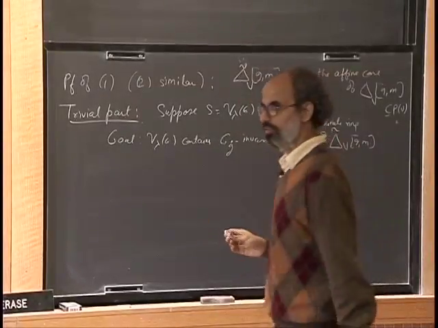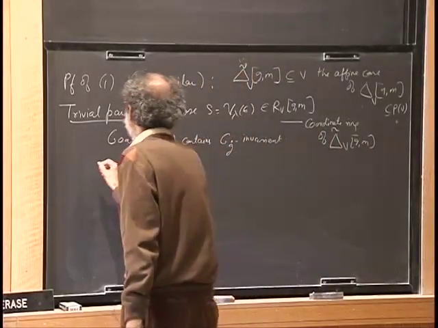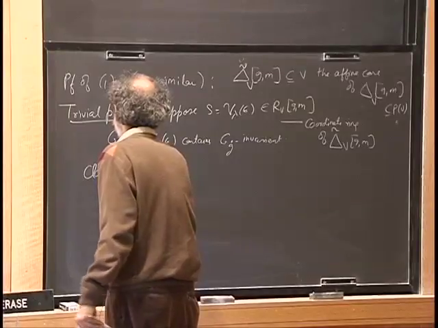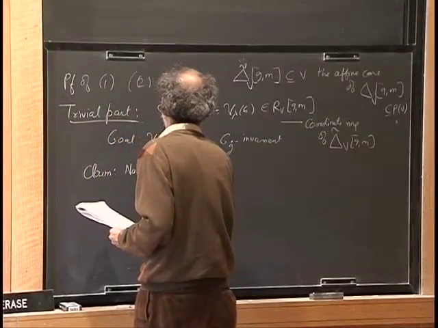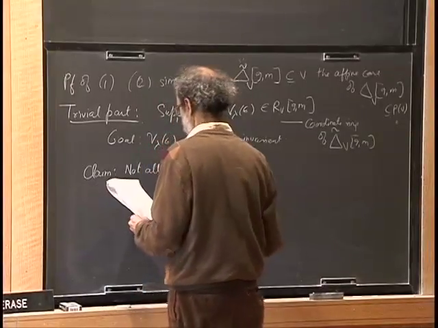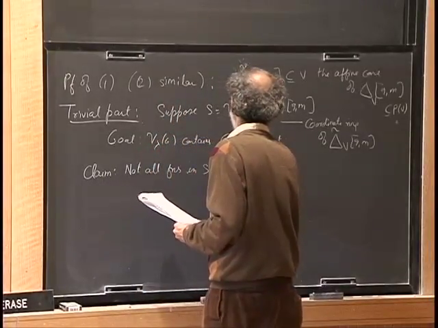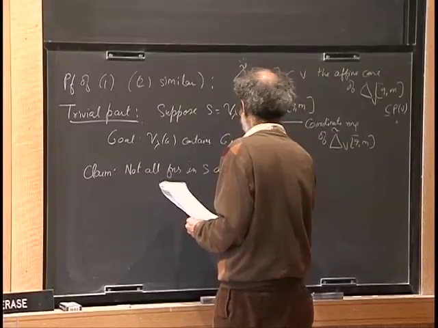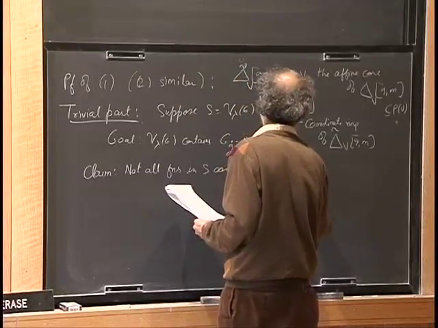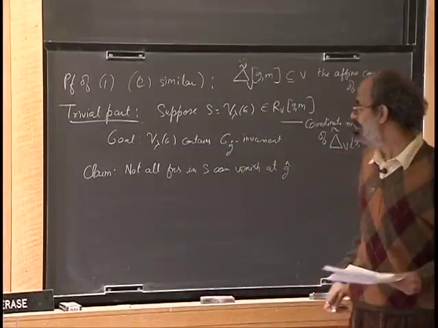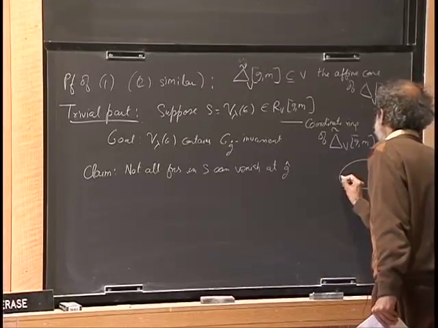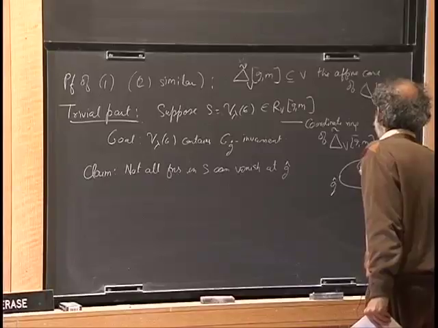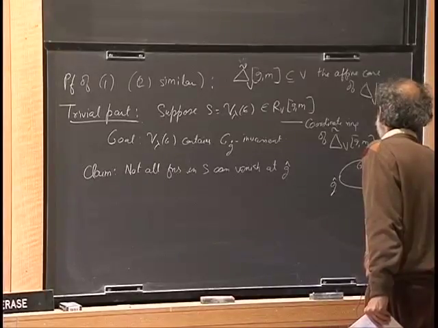So the claim is that not all functions in S can vanish at g hat. Let's look at this g hat and at the orbit of g hat.